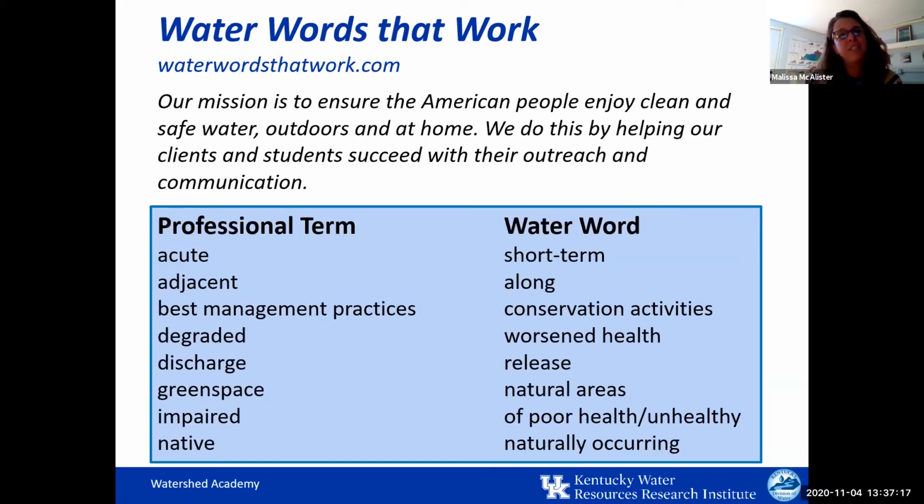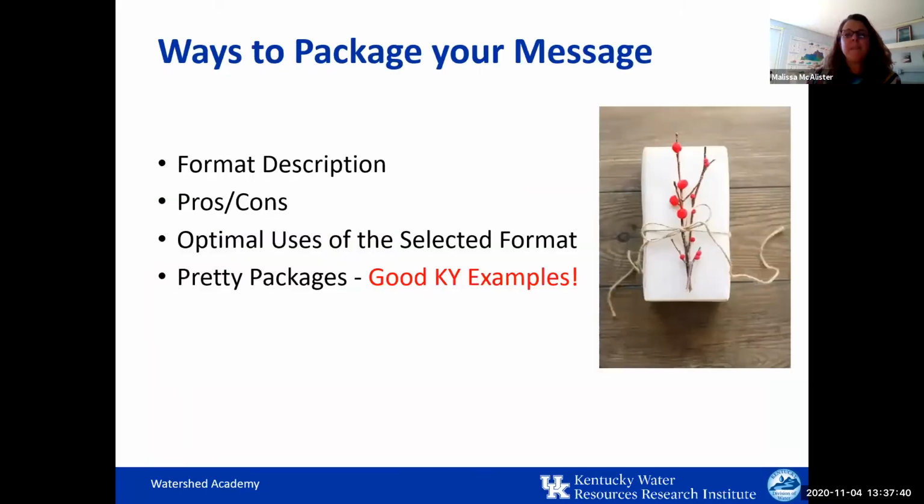They suggest using conservation activities, or discharge, probably better to say something like release of polluted water. Green space, better understood as natural areas. So those are just a few examples that they've used, but we'll try to provide a resource document that includes more of these on our Academy website.